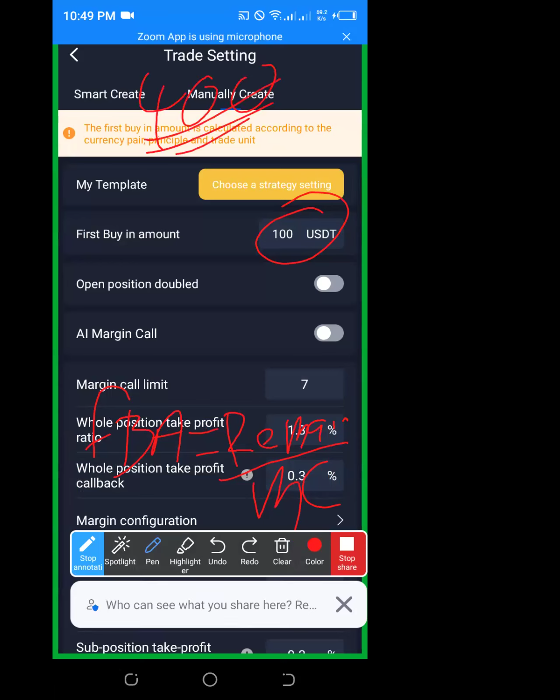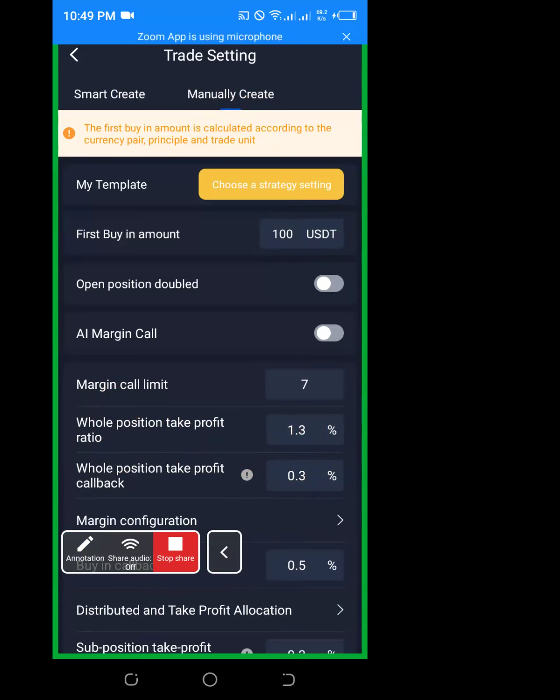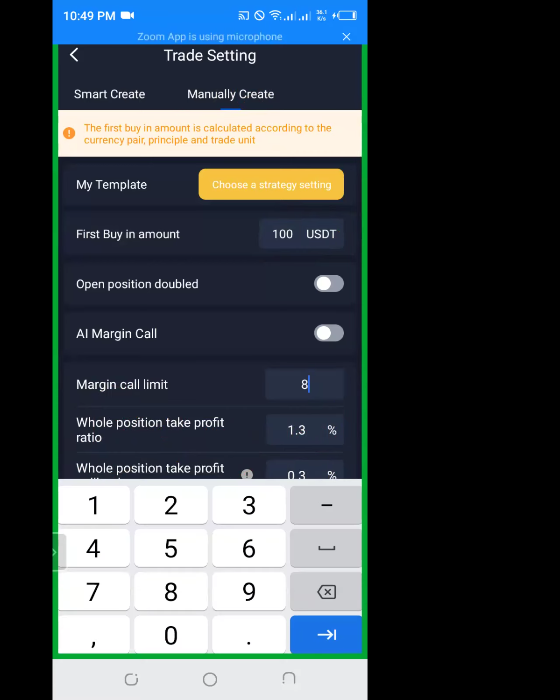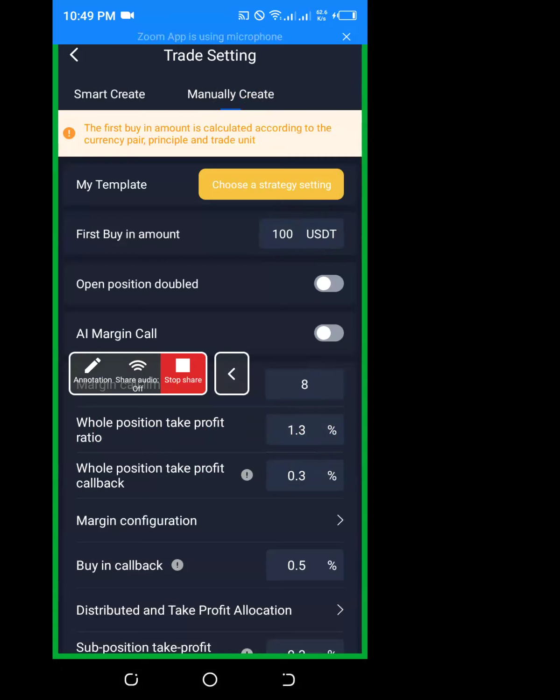For you, how many margin calls do you want to use? It is your choice. You can use 10 margin calls or 80 margin calls. Let me try to use 80 margin calls. So the remaining capital and the margin calls will give you the second first buying amount, which the robot will be using to invest in each and every margin call.